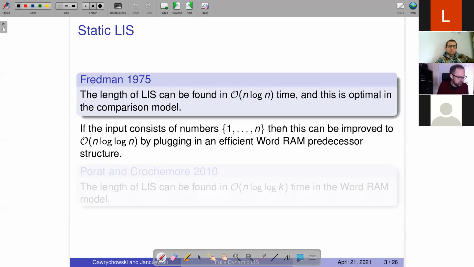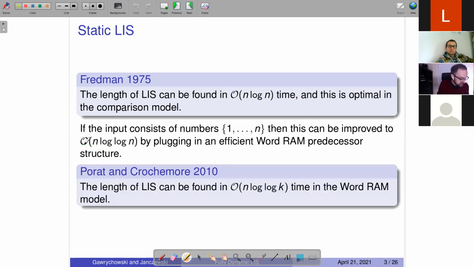If you allow a more powerful model like the word RAM model, where you can play some tricks on bits, you assume that the input numbers are integers and you can, say, multiply them or do even fancier stuff, then you can achieve better than n log n time by plugging in better predecessor structures. I am not going to torment you with that because this is not the point of this talk.